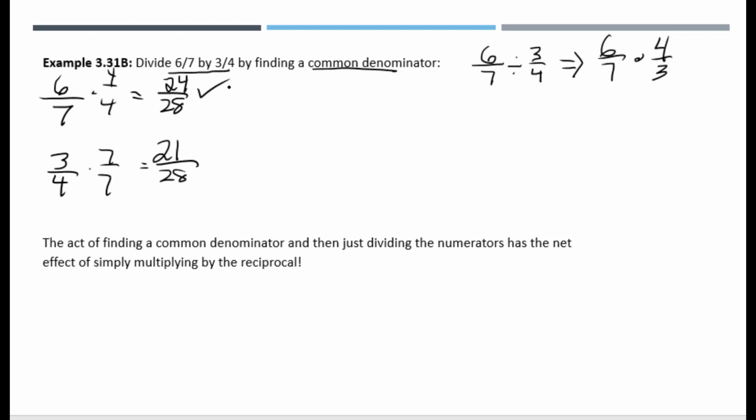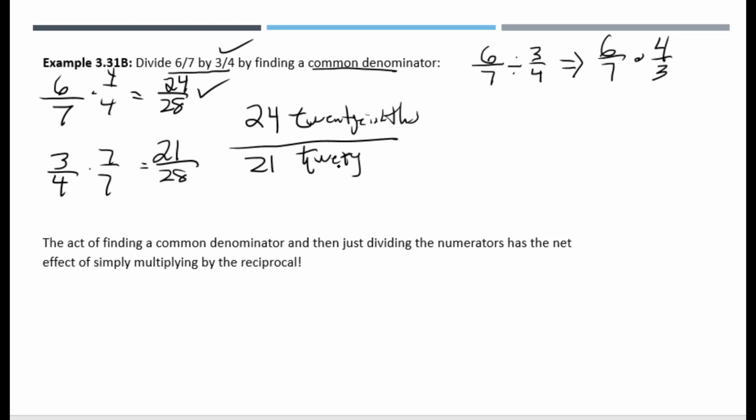So 6/7 is the same as 24/28. And 3/4 is the same as 21/28. The 28s cancel, just like when we divided earlier, when we had 10 over 10, they cancel because they become a 1.